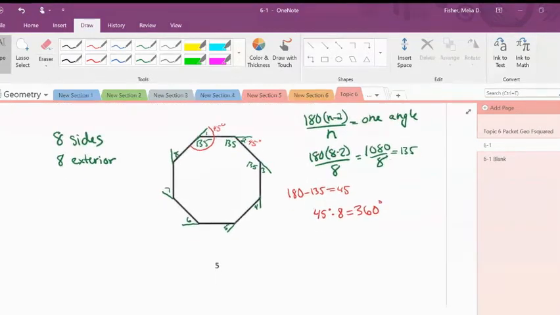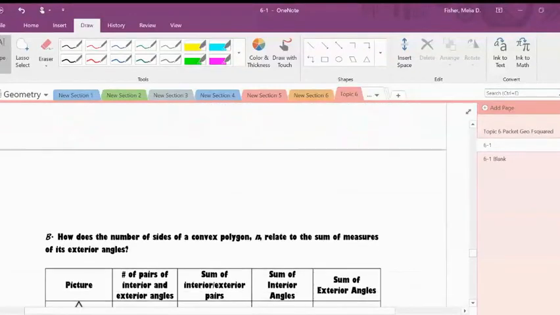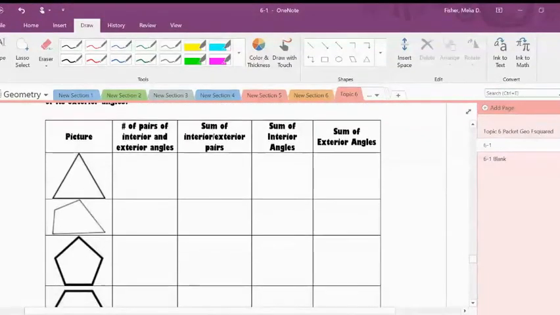Let's talk about what happens when we look at these and see if there's a pattern. The number of pairs of interior and exterior angles of a triangle is going to be 3. The sum of each interior-exterior pair has to add up to 180.